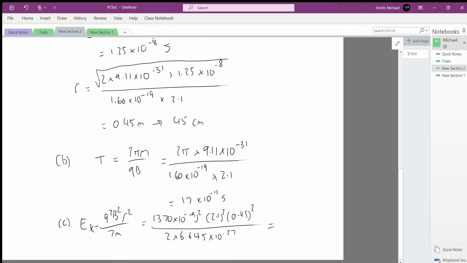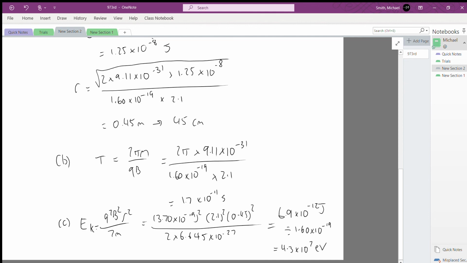If we substitute into our calculator, we get 6.9 times 10 to the power of minus 12 joules. To convert that to electron volts, we just divide by the charge of an electron, which gives 4.3 times 10 to the power of 7 electron volts.